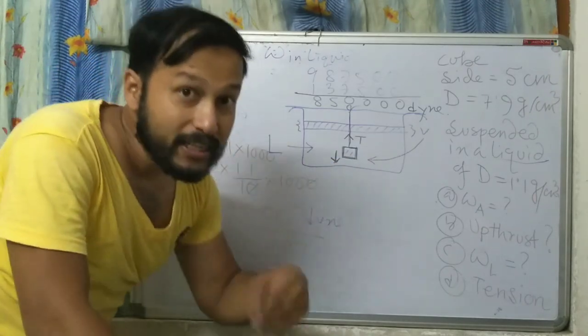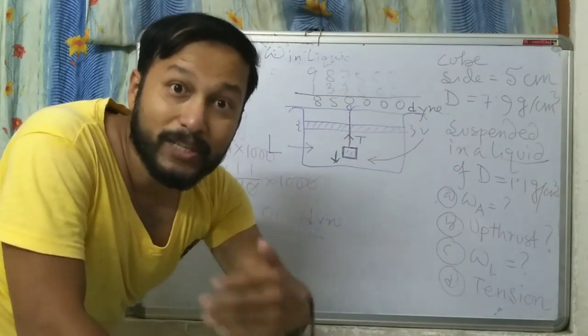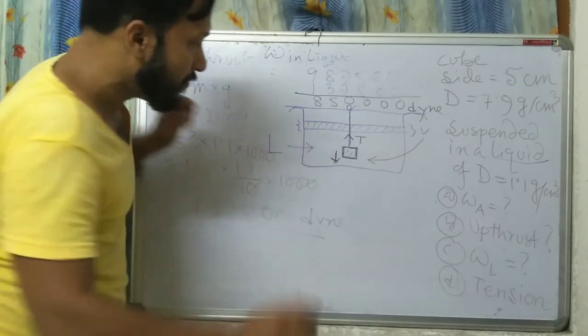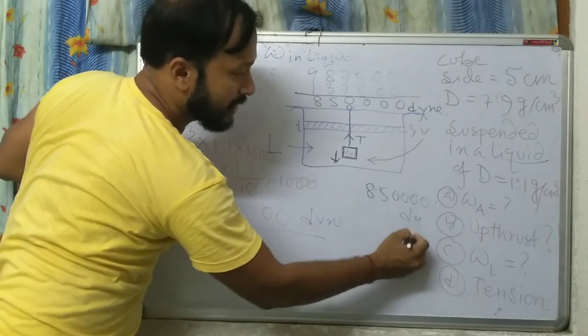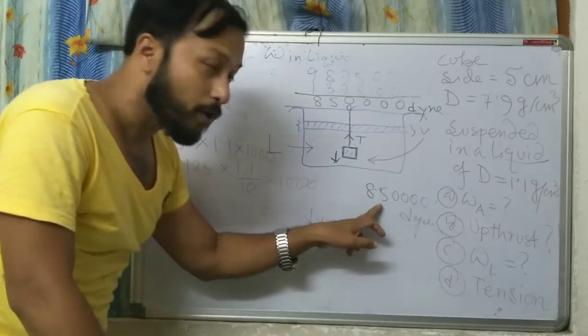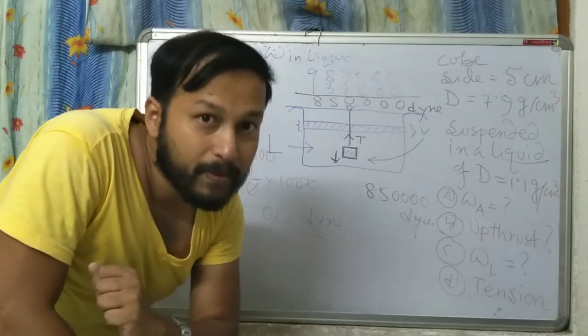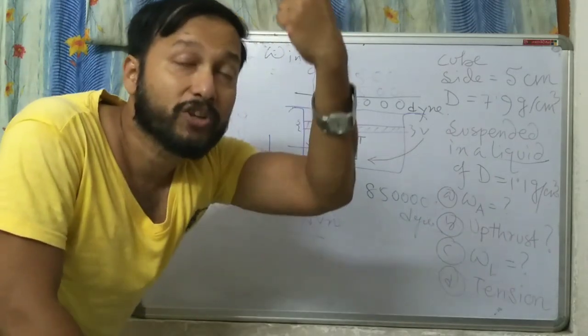Now where is the object? The object is in the liquid. So what is the weight of the object in liquid? Weight of the object in liquid is 85 this time. This is the weight of the object in liquid. So how much tension is the thread giving, or what is the tension of this thread?